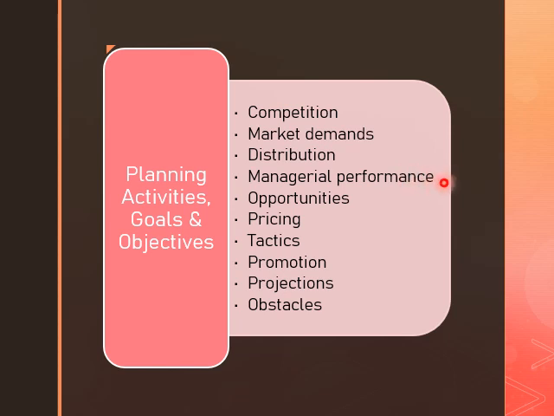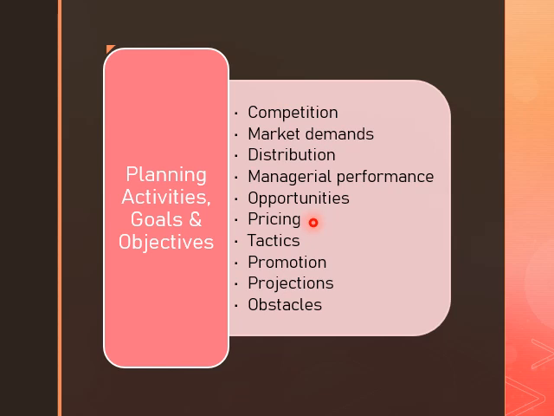Next adalah mengenai managerial performance. And the fifth adalah the market opportunities. Okay, ada peluang ke tak untuk you venture into that business. And next adalah pricing. Of course, this is one of the important part.